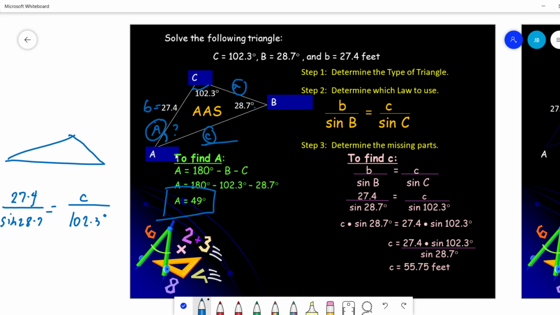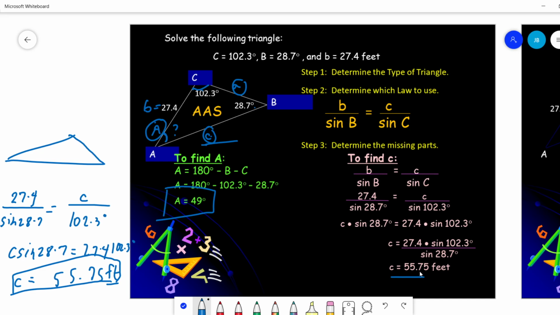If you notice once again, the side is opposite its angle. So therefore, C sine 28.7 is equal to 27.4 sine 102.3 degrees. Therefore, you have C as 55.75 feet. Do not forget the unit. So the side C is 55.75 feet.